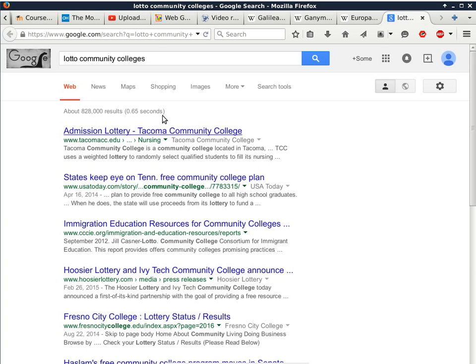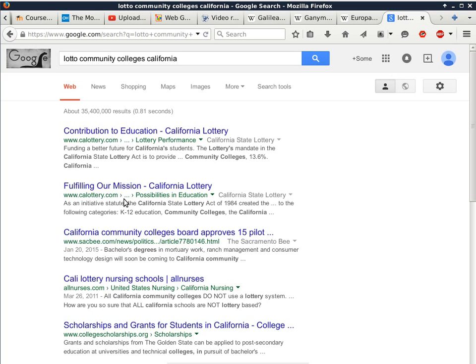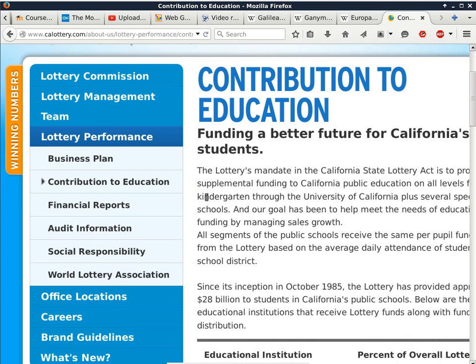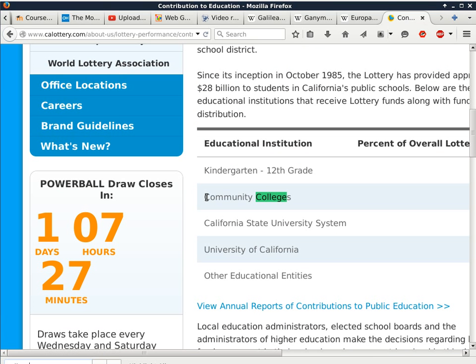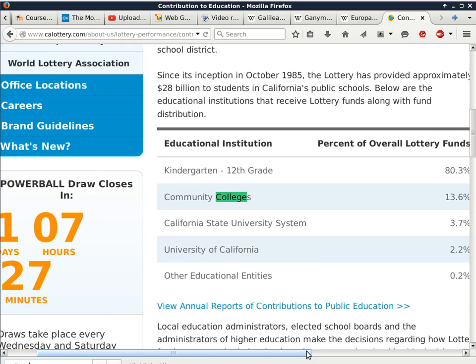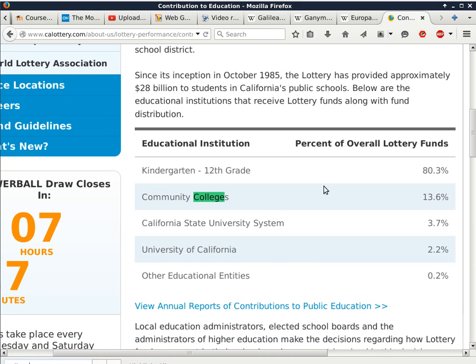So the question is, how much? And we look for community colleges. And we get 13.6% of all the income of lottery.